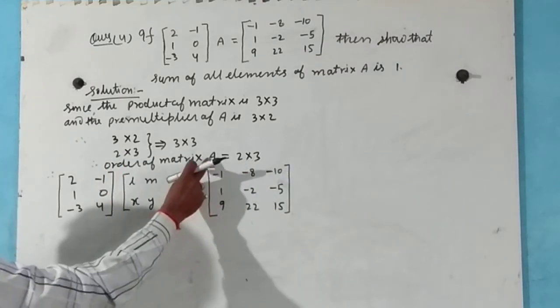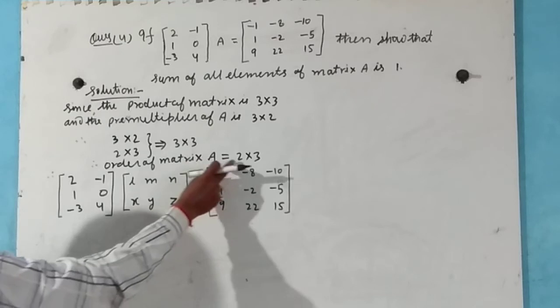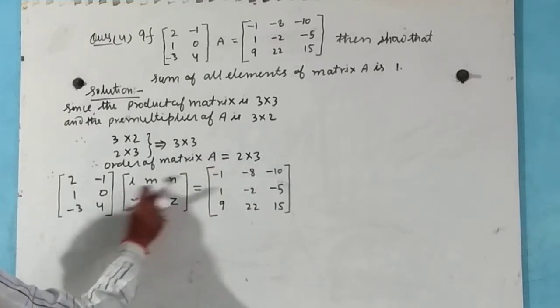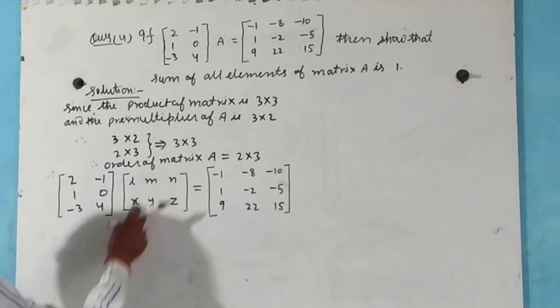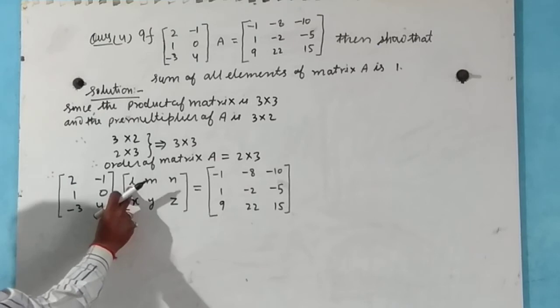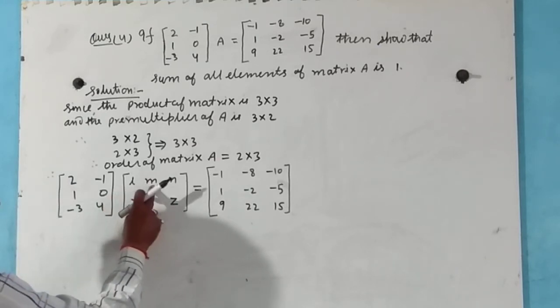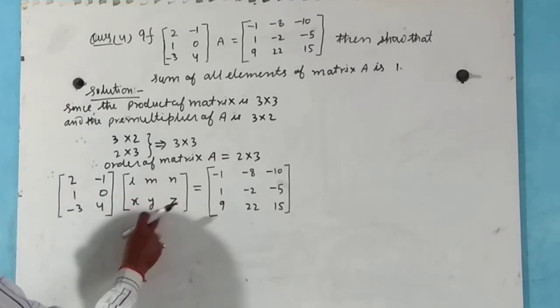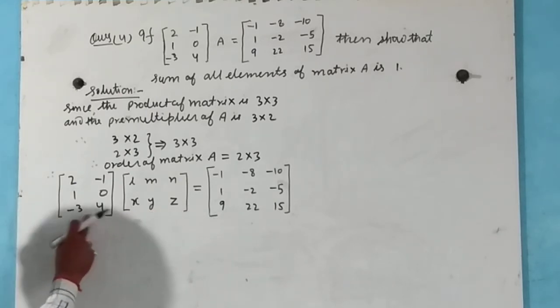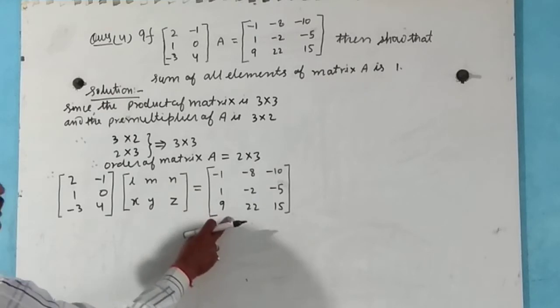Now let us write matrix A as 2 cross 3, with 2 rows and 3 columns, and its elements will be L, M, N in the first row and X, Y, Z in the second row. Now the product of this and this is equal to this.